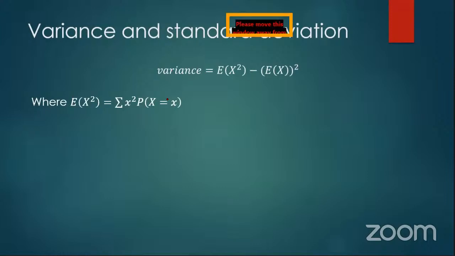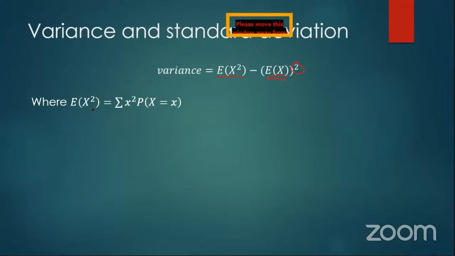Our variance is obtained by getting the expectation of x squared minus the expectation, which we said is the mean, squared. So this square is always there: the mean squared.